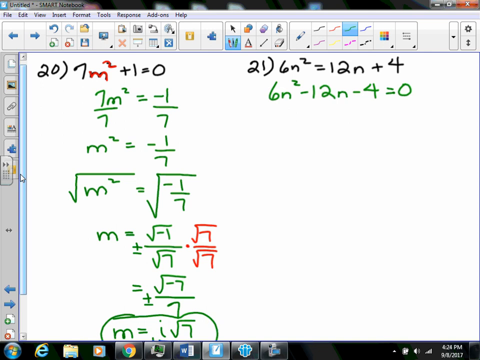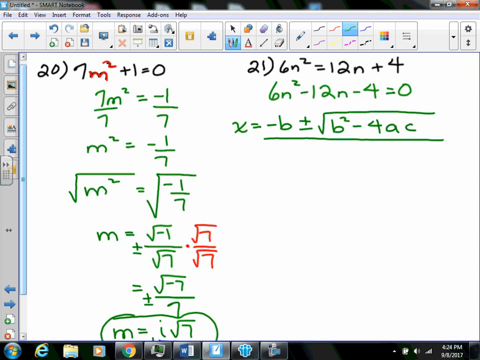I'm going to go ahead and leave it like it is, and I'll write out the formula and then substitute in. And remember, I told you, write the formula out, substitute correctly. So x equals -b plus or minus the square root of b squared minus 4ac all over 2a. Now, -b means the opposite of my original b.